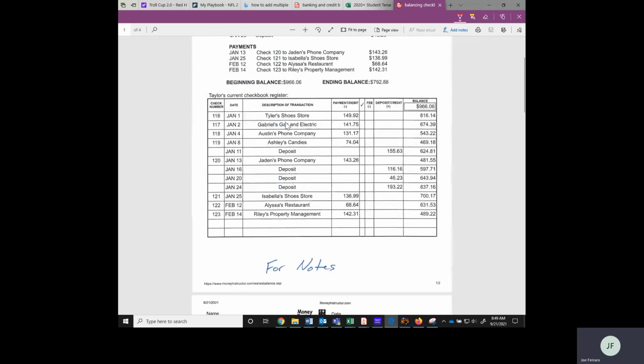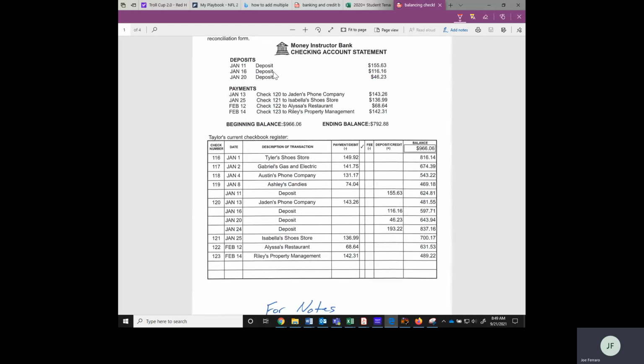What you would do first is compare your bank statement and your checkbook register and see what's on both and what's missing. A January 11th deposit, we would look here, January 11th deposit for $155.63. It's on here.